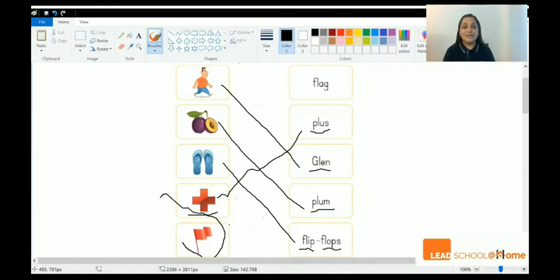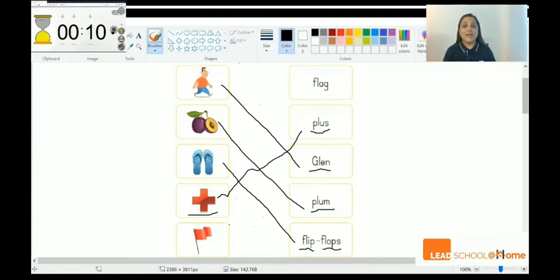Now look at this. What is this? Yes, this is a flag. Now, think of the blends and letter sounds of the word flag. I'm giving you 10 seconds to point at the word flag.